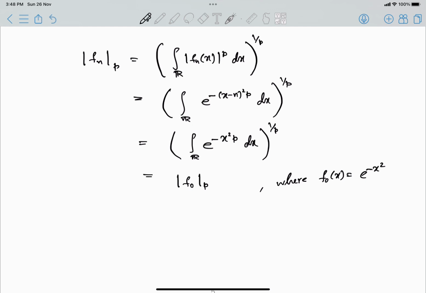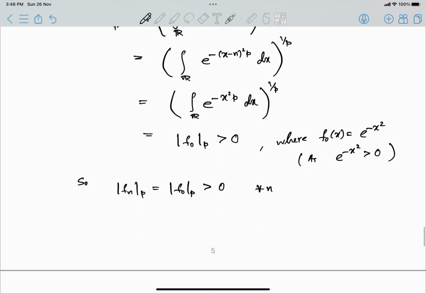Note that this is continuous and pth power integrable, so f_0 is in X. This is also positive, and strictly bigger than 0, because e to the power minus x squared is a strictly positive function, and if you integrate it over a set of positive measure, the integral will be strictly bigger than 0. So what we have got is that this norm is the same as ‖f_0‖_p, which is strictly bigger than 0 for all n.